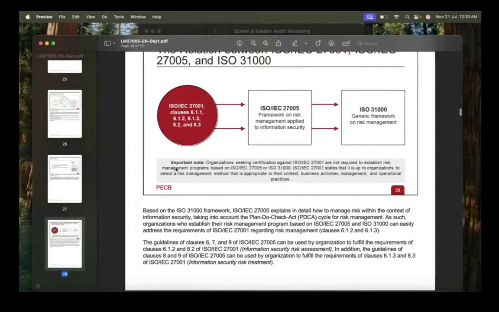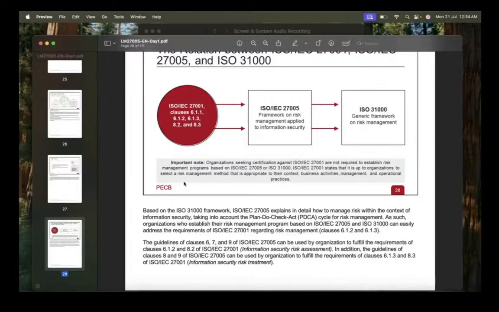And a point to be noted here, if you see the important note, is that organizations seeking certification against 27001 are not required to establish risk management programs based on 27005 or 31000. ISO 27001 states that it is up to organizations to select the risk management method which is appropriate to their context, business activities, management, and operational practices.